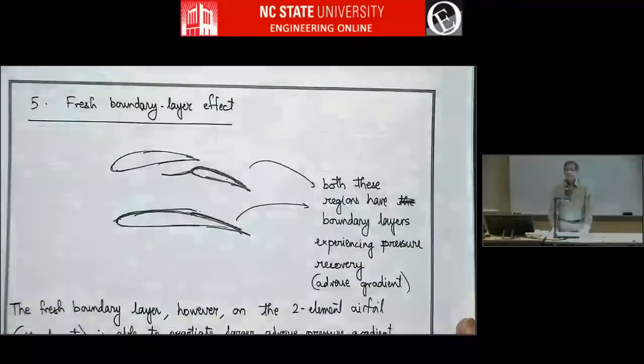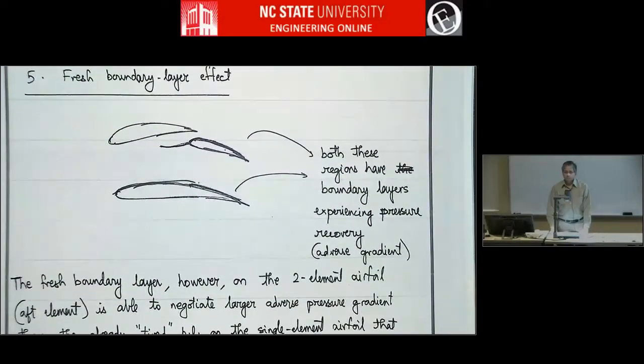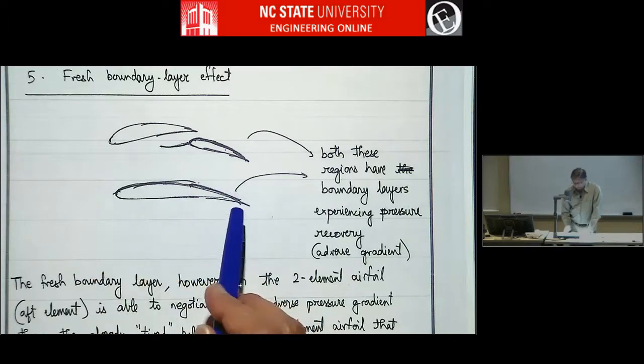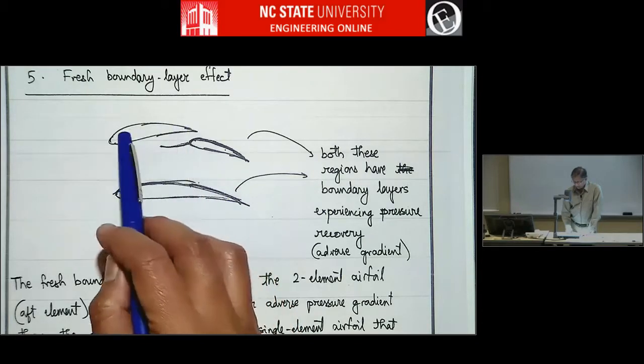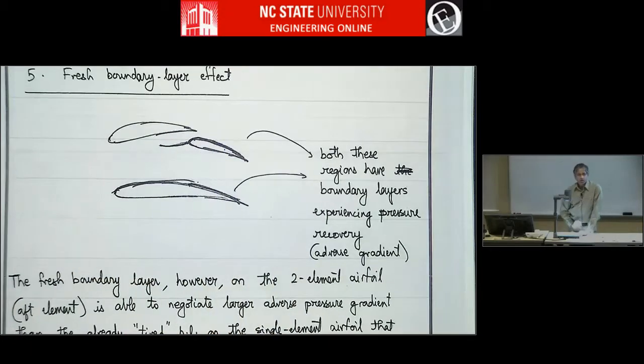Okay, and then the last effect for multi-element airfoils is this thing called the fresh boundary layer effect. Here we go back to this comparison of taking a single airfoil, a big chord airfoil, and seeing, is this better, or is it better to split it up into two small elements of approximately the same chord.